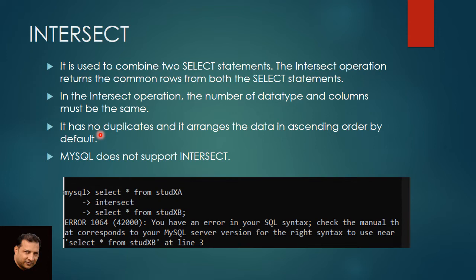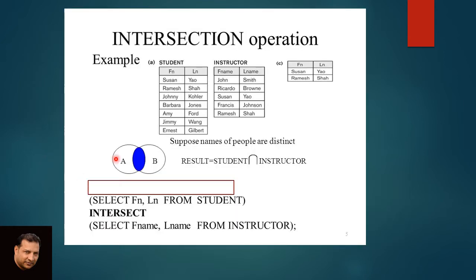But the problem is MySQL does not support intersect. See, I have tried intersect, but it is showing an error. So you can only understand this theoretically, you cannot do it practically in MySQL.